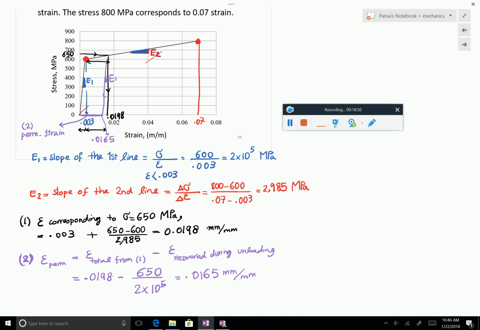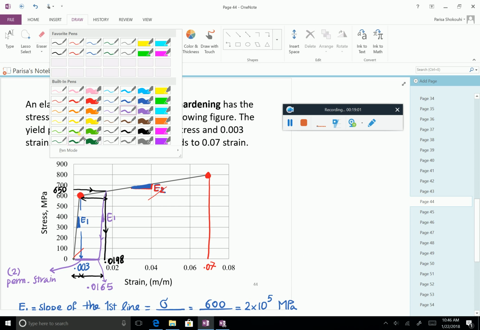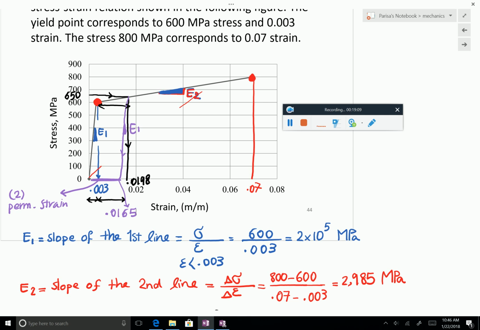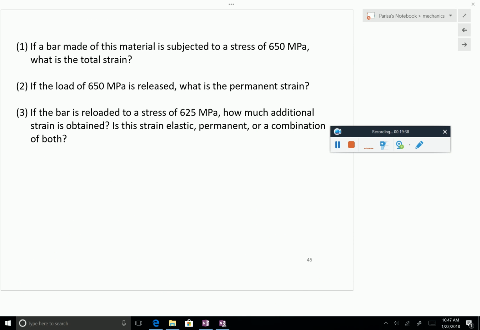What happens then? Well, now if you load back again, we are here, and if you go to 625, the question is how much additional strain you are going to have, and what type of a strain is it?